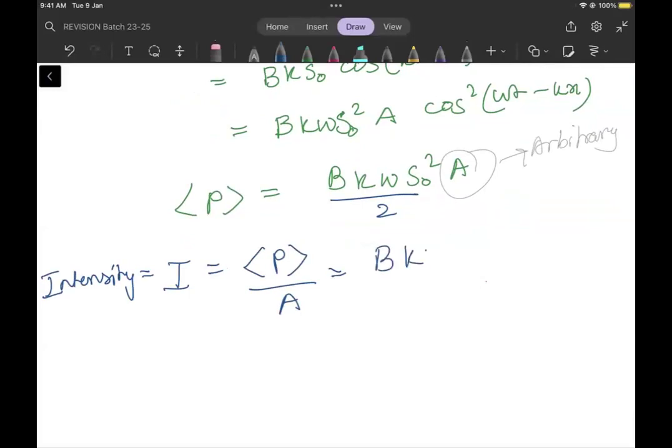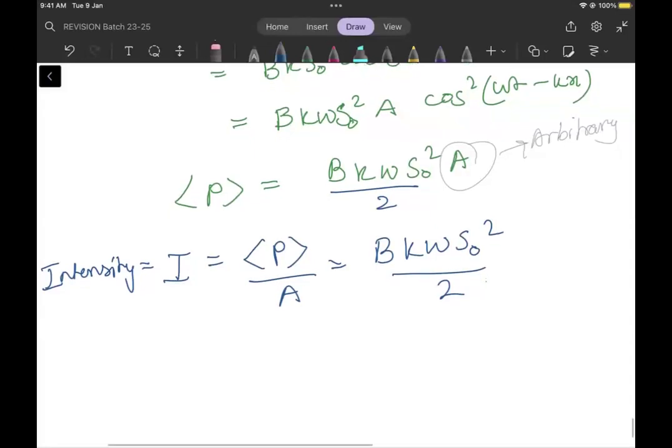So I get bk omega s naught square. Again, just like before, आप यहाँ पे b की वैल्यू डाल दो, k की वैल्यू डाल दो, ओमेगा की वैल्यू डाल दो, चेंज करते रहो जब तक आपके इंटरेस्ट का एक्सप्रेशन आपके सामने नहीं आ जाता है. So instead of defining power, we define intensity of a sound wave. That is what we are going to do to light wave as well.